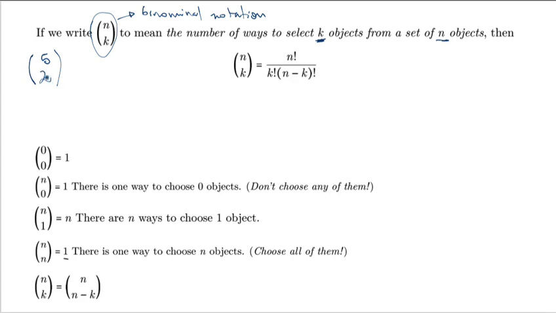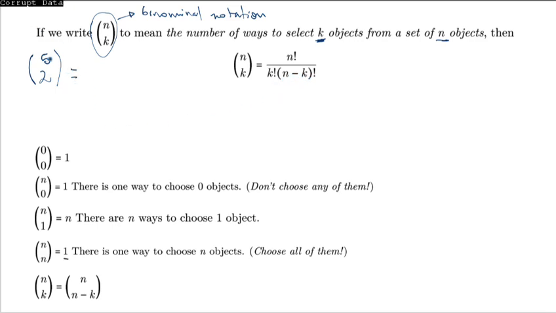So 5 pick 2, or 5 choose 2. And the definition of this new notation is n factorial over k factorial times n minus k factorial.